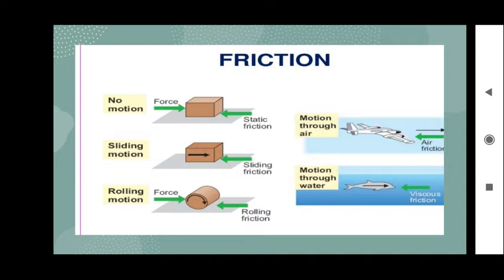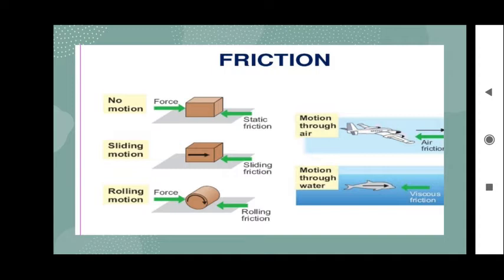An example of sliding friction is when you keep a book on an inclined plane, that is a sloping position, and the book just comes down. The slider that we see in the playground, the sliding game, is also an example of sliding friction. An example of rolling friction is a suitcase with wheels. Nowadays the suitcase comes with wheels in order to carry heavy weight.